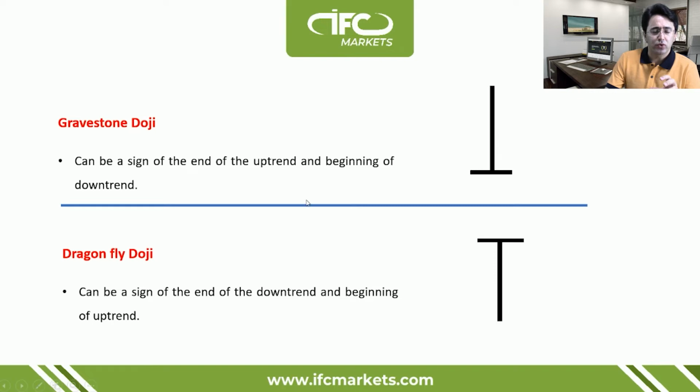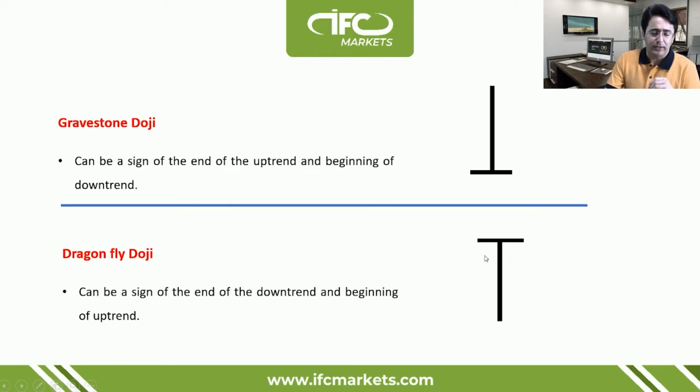And the last doji candle that we mostly use is the dragonfly doji. As you can see here, it usually appears at the end of a downtrend and the beginning of an uptrend. Same as gravestone doji, but vice versa. It means that the downtrend is trying to go lower, but the power of the trend has ended and it cannot go deeper.